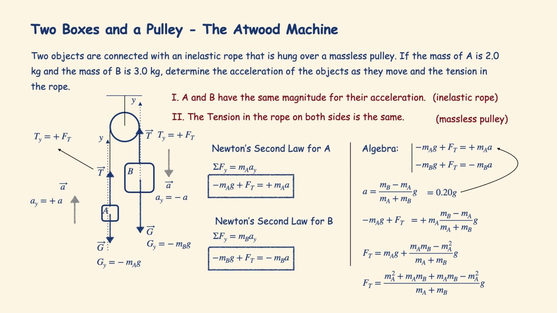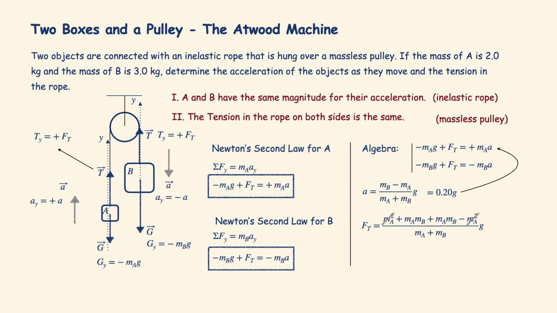The reason I wanted to do that is because I wanted to show you that things are not as complicated as they appeared at first glance. Ma squared will cancel out, and then we simply have two terms that are identical, so in my numerator I'm going to have 2 times the mass of A, the mass of B, divided by the mass of A plus the mass of B, and everything will be multiplied by g.